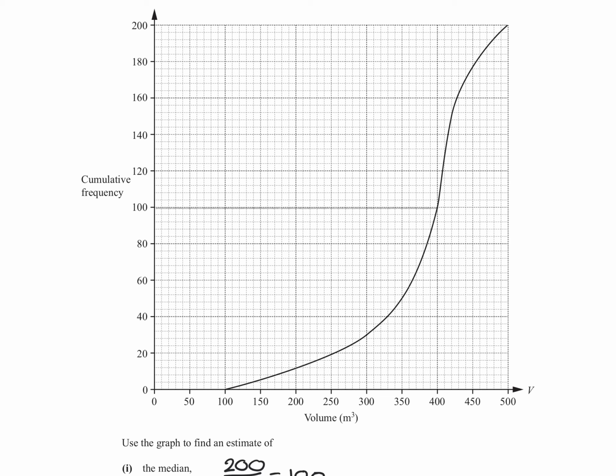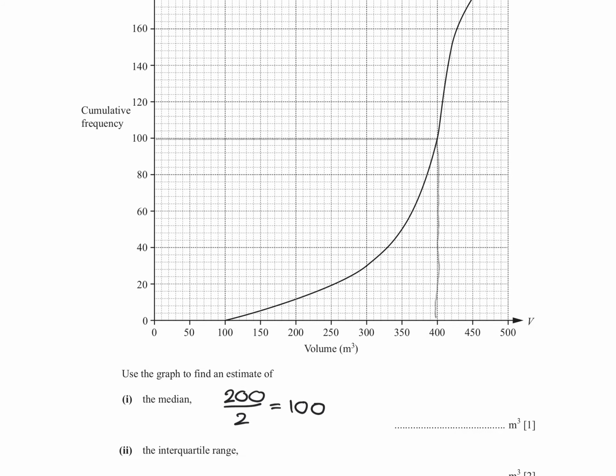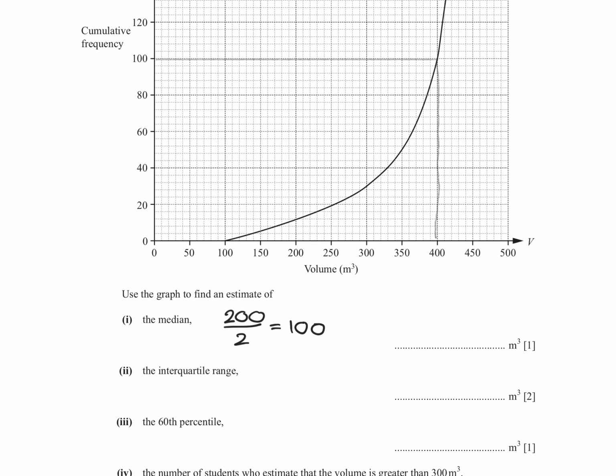It touches the line here, and when we drag this down to the volume axis, we get a volume of 400 meters cubed. This means that the median is equal to 400 meters cubed.